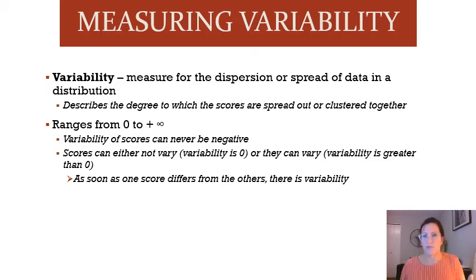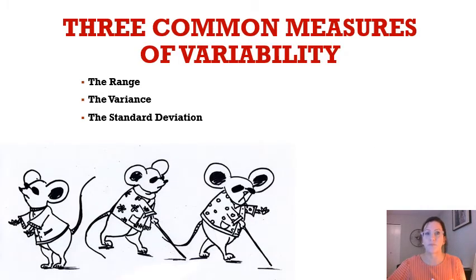So if all the scores are the same, every score is the same, your variability is 0. If you have a -3 variability, it doesn't make sense. So either there is variance or there is not. So it tells us how much the scores differ from one another. So variability is, again, this umbrella term, an overall general term.